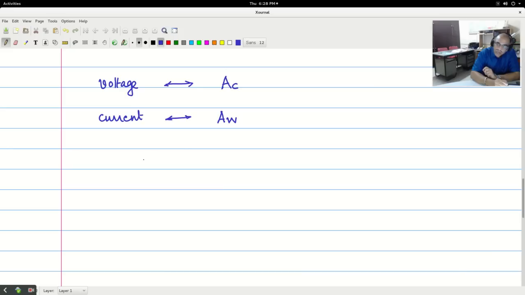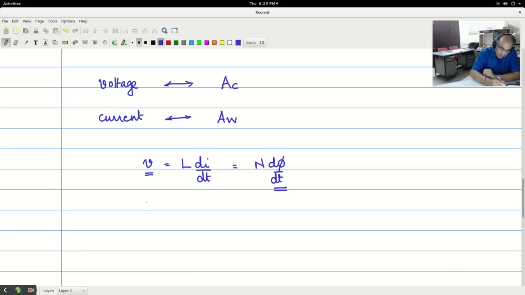We know from Faraday's law, V is equal to L di by dt, which is equal to N d phi by dt. So you see that the electrical parameter gets related to the parameter within the magnetic material, which is the flux.